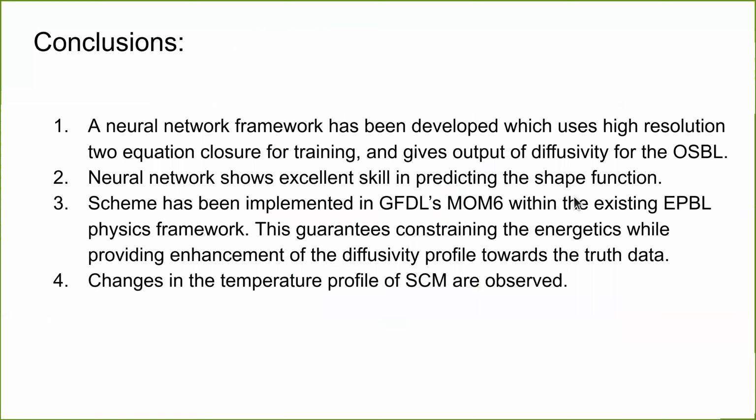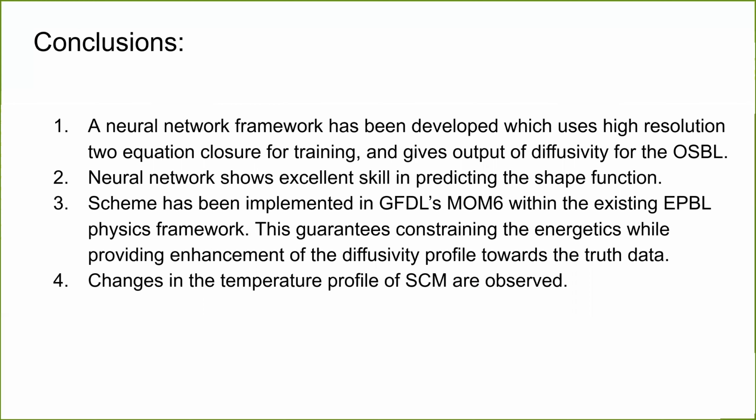To conclude, a neural network framework has been developed which uses a high resolution two equation closure for training and gives output of diffusivity for the boundary layer. The neural network shows excellent skill in predicting the shape function. The scheme has been implemented in GFDL's MOM6 within the existing EPBL physics framework.